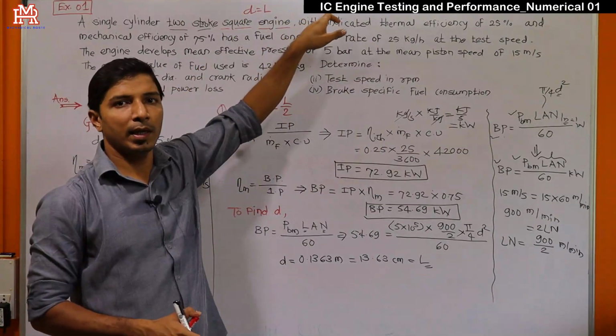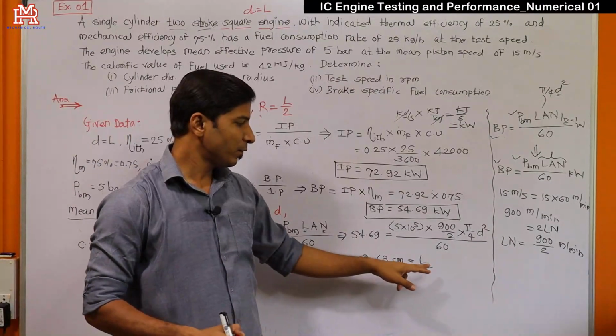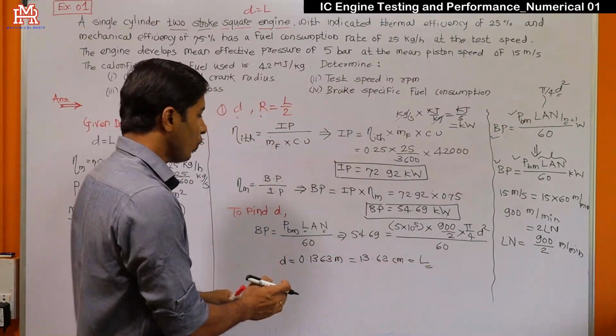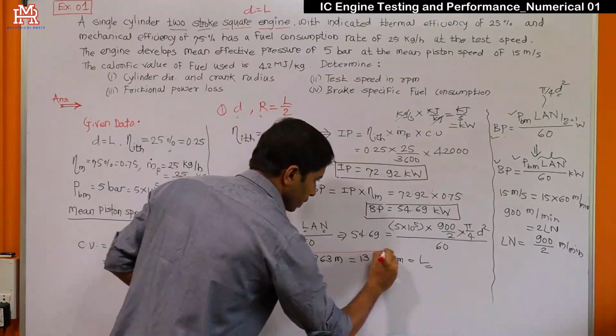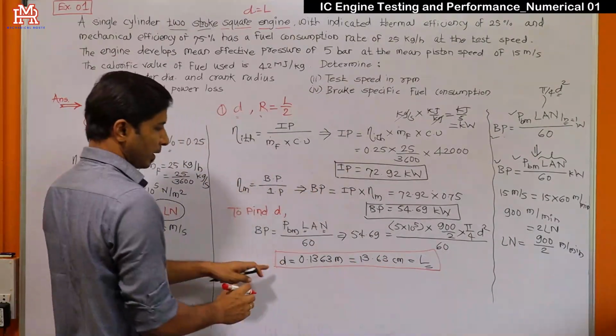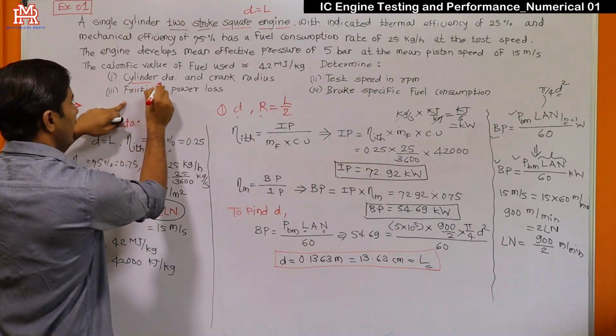Diameter is nothing but L, the stroke length. We have calculated the diameter, and the same value we can use for L. And now I have got the first answer, the cylinder diameter that has been asked.